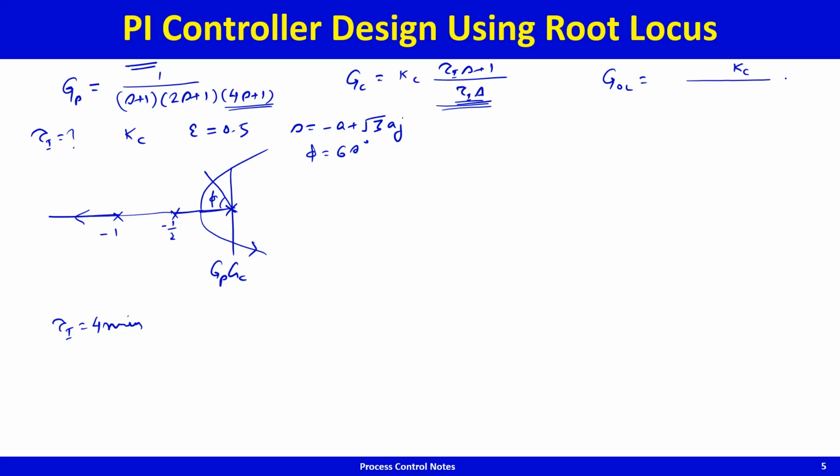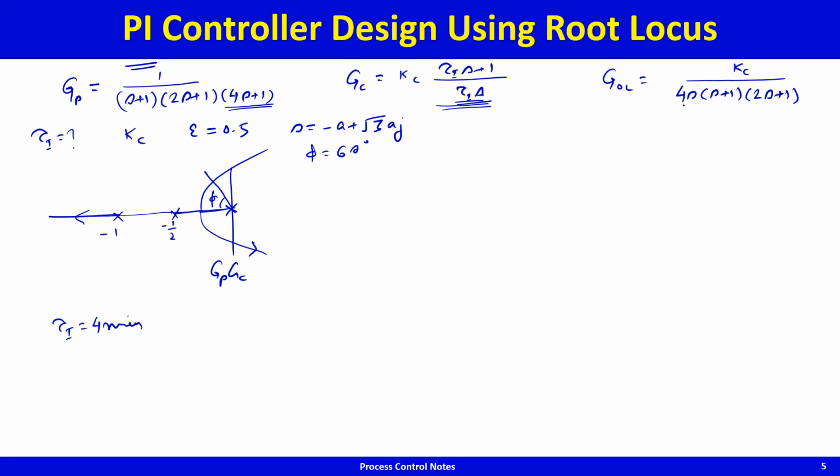Kc divided by s times (s plus 1) times (2s plus 1). The 4s plus 1 cancels out, the pole-zero pair cancels out, and by the way, this is 4s.